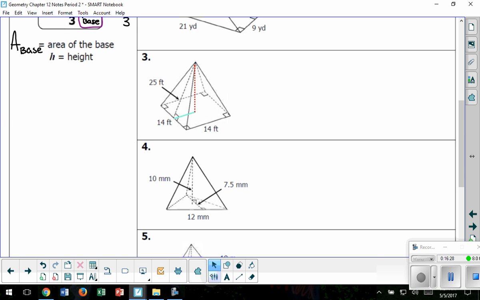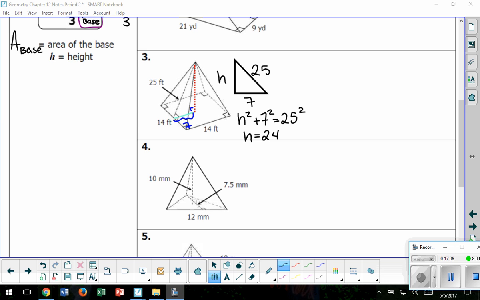What is this right here? What's that? How do you know that? Right. This is 7. Okay. So now, by the way, this is a 90 degrees right there. So pulling this out, we know this is 25, we know this is 7, and we know we need this. Figure that out. So after doing Pythagorean theorem, we know that h is 24. So now we have the height, we can figure out the rest.